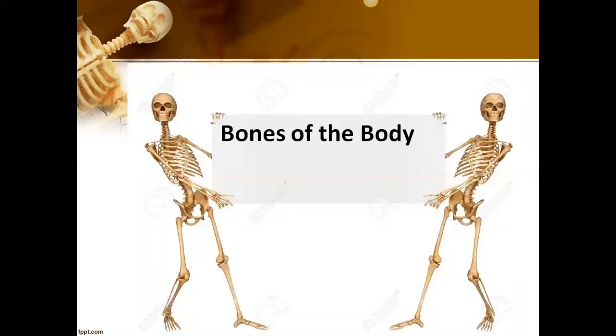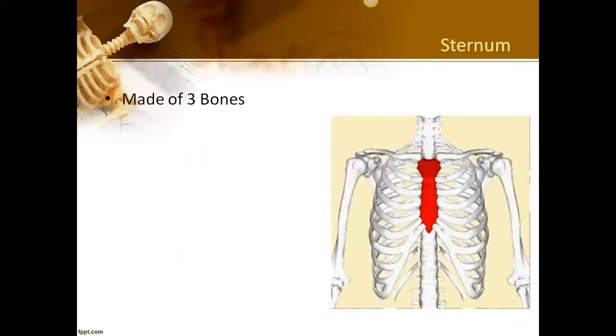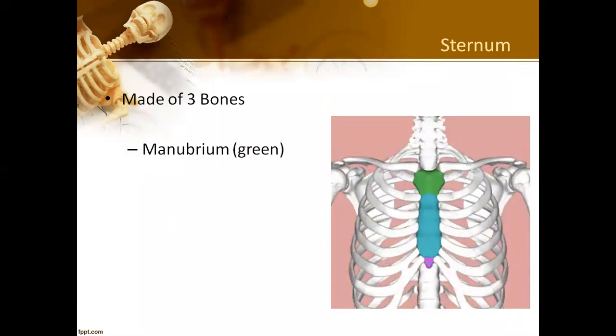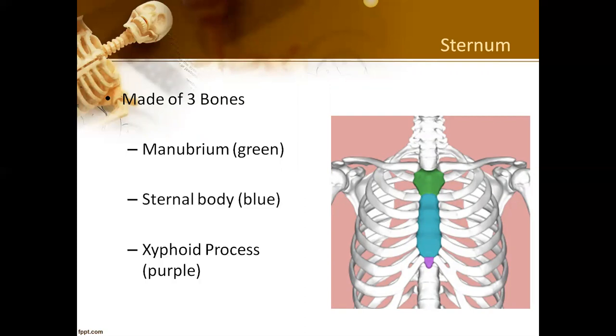Okay, let's take a look at all the bones of the body. Let's talk about those each individually. Your sternum is your breastplate, and it's actually made up of 3 bones. You can see it here marked in red. The manubrium is the one at the top in the green. Below that is the sternal body in blue, and below that is the xiphoid process in purple.